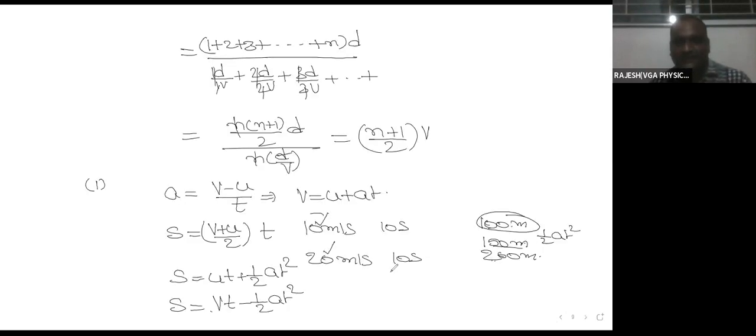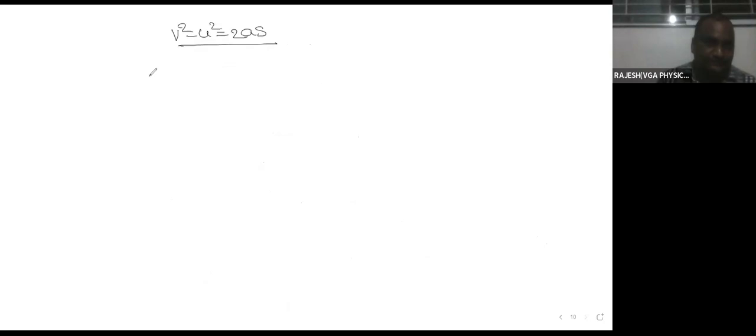Then what is the distance traveled in nth second? What is the meaning? If I start my journey, in n seconds I will travel some distance. What is the distance traveled in only nth second? Then I have to subtract the distance traveled in n minus 1 seconds.